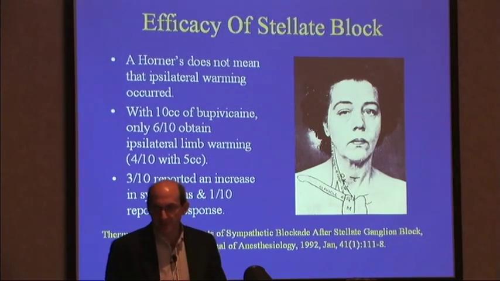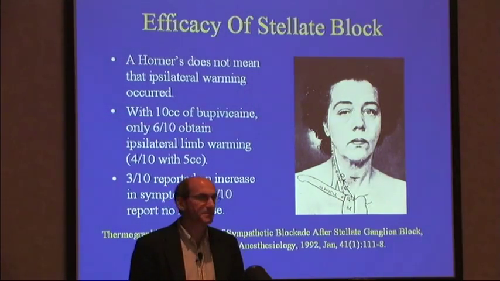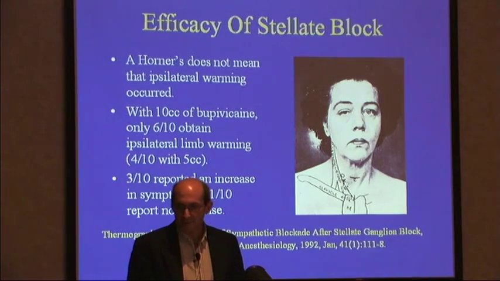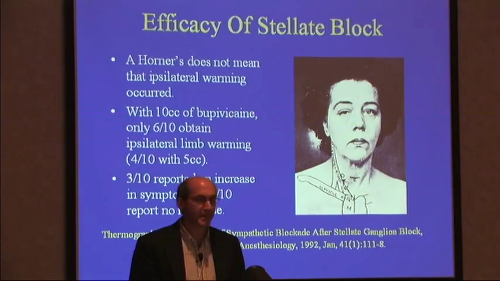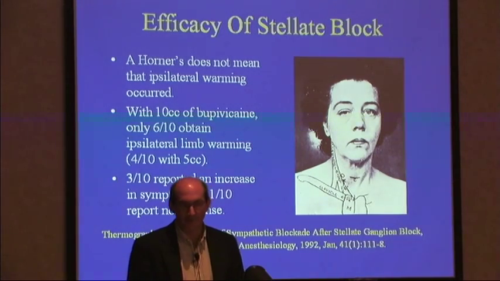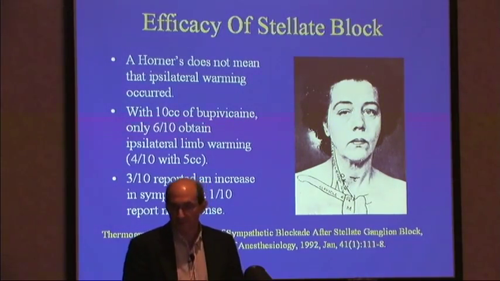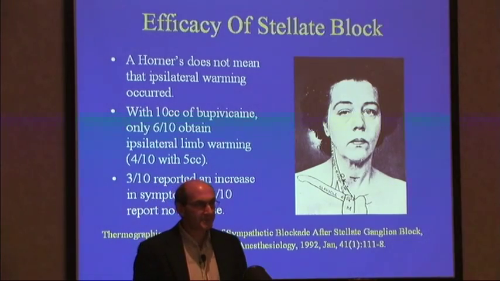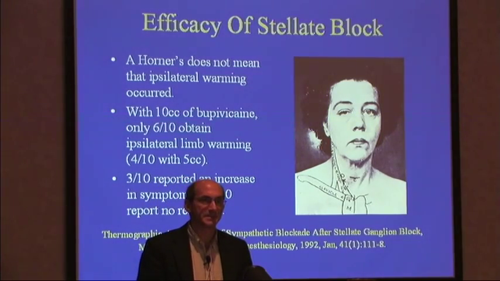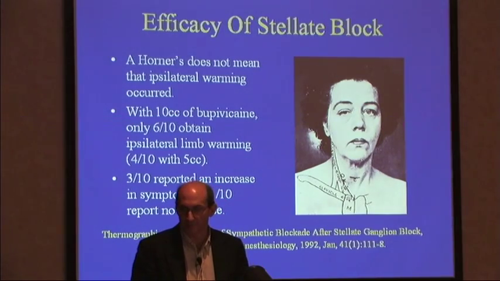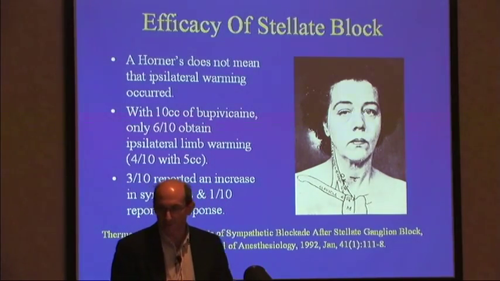And what Matsumoto did is that they injected 10 cc's of bupivacaine, and only 6 out of 10 times were they able to prove that they got ipsilateral limb warming, even though they had a clear Horner's. If they did 4 cc's, or 5 cc's, then only 4 out of 10 times did they in fact obtain the skin warming of the limb that they were trying to get, even though they obtained a Horner's.